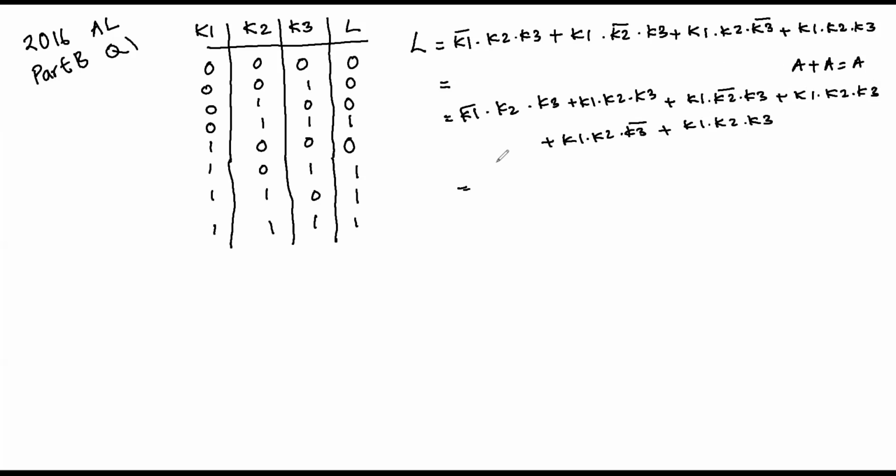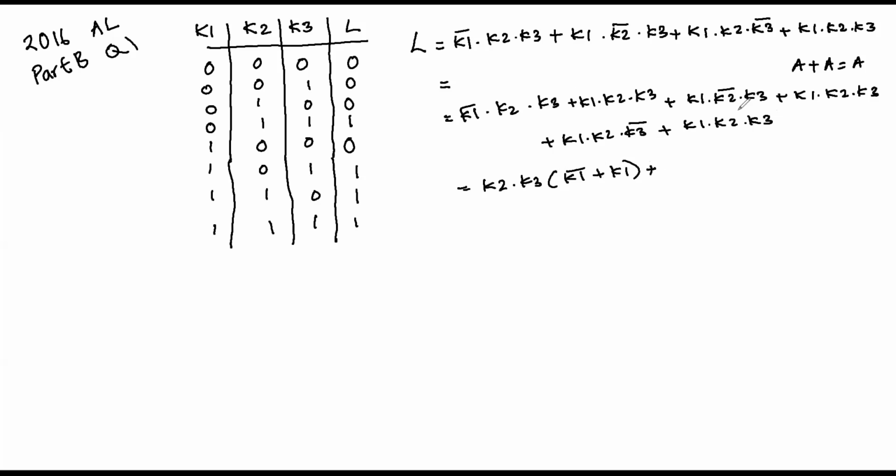Now, if you look at the first two terms, we will see K2, K3 is common. So we will take out K2, K3. If you take that out, we will have K1 bar plus K1, right?